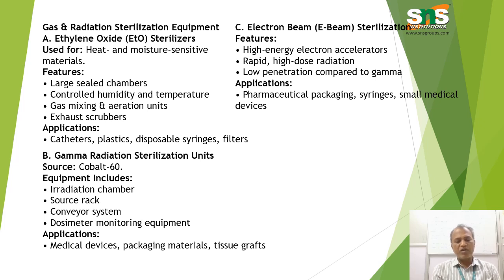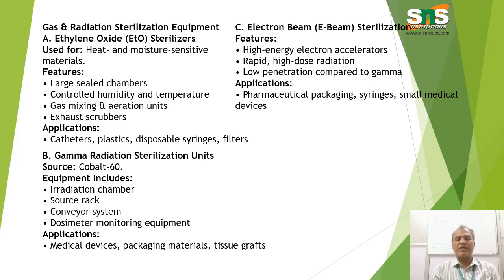Next, dosimeter monitoring equipment. How much radiation are we going to give? That is monitored by the dosimeter, where we set the exact dosage level for the products being sterilized. Application: it applies to the sterilization of medical devices, packing materials and tissue grafts.